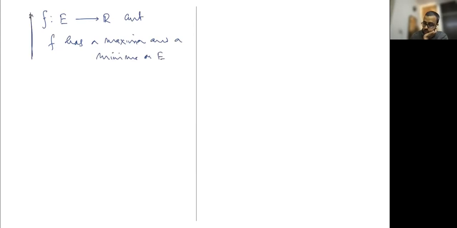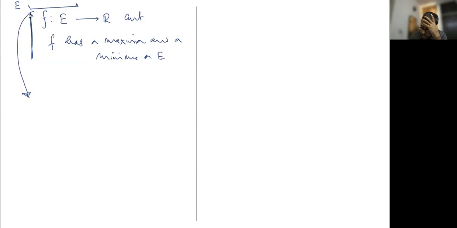So this is the general nature of the statement, and we had just imposed a condition that E is closed, bounded. Let me just say what I want to say.